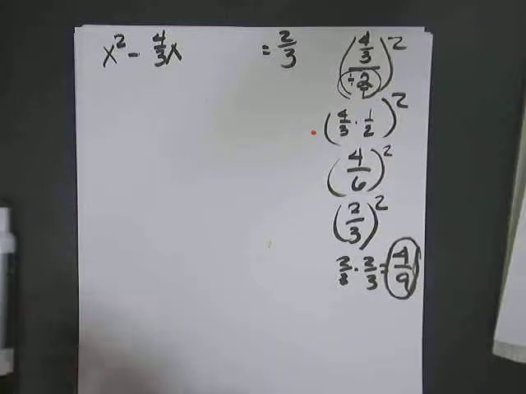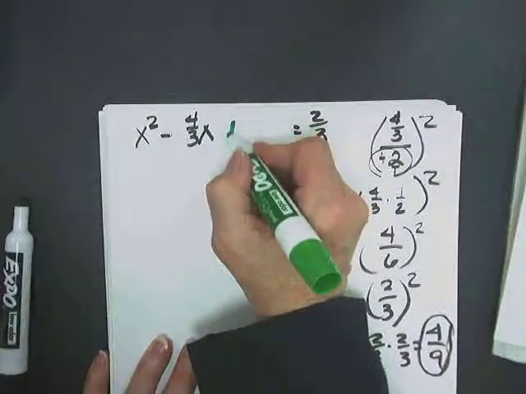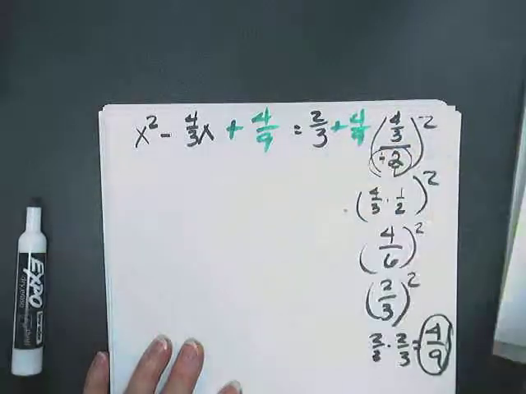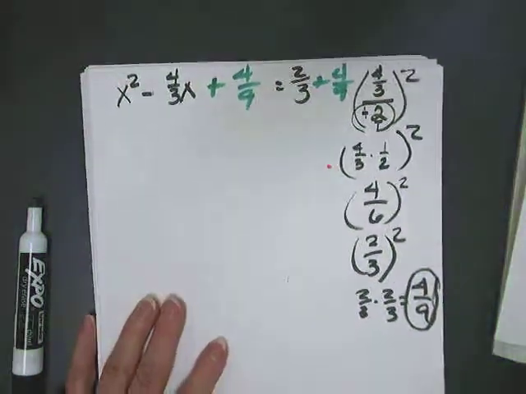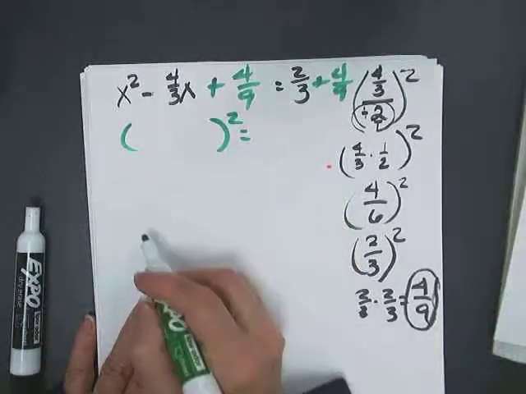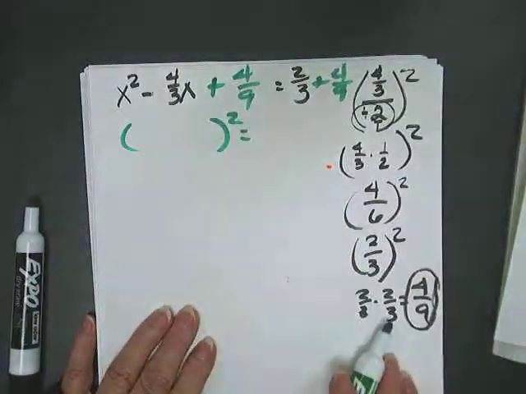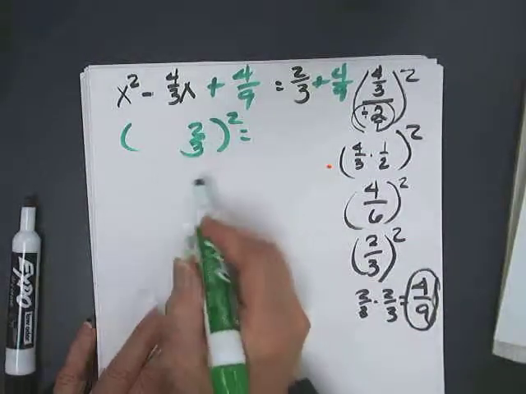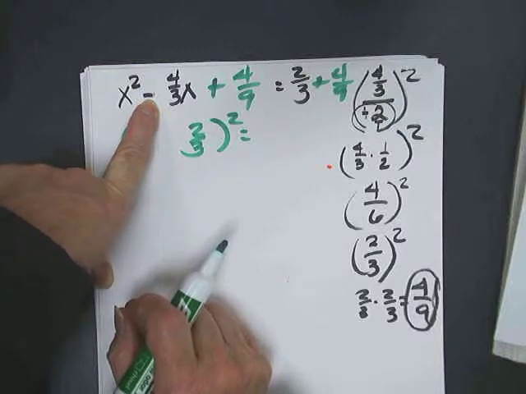What's 2/3 squared? It's 2/3 times 2/3. 4/9 is what we add to both sides. I left this like this because that's what's going to be in our factoring thing. When it's the squared thing here, remember that was what we factored.